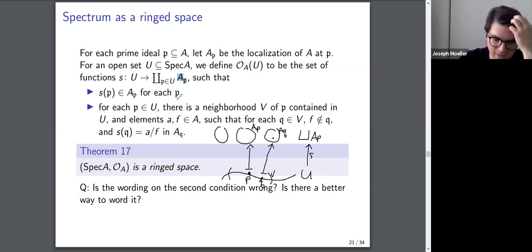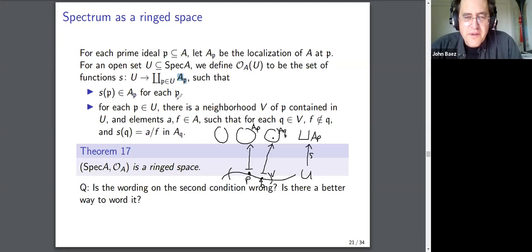That's supposed to be a sort of geometrical idea that, when you localize at a point in the complex plane, it means you only care about what's going on right there. So you're allowed to divide by functions that aren't zero there, and so that means you're allowed to divide by all functions that have their zeros somewhere else. So localizing at P is the same as allowing yourself to throw in inverses of things that are not in that prime ideal. Right.